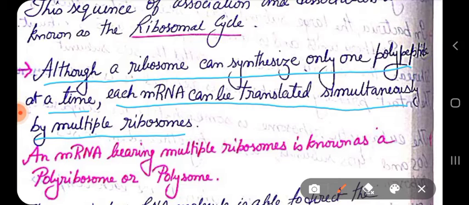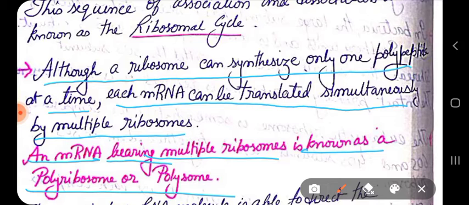So an mRNA bearing multiple ribosomes is known as a polyribosome or simply called a polysome.